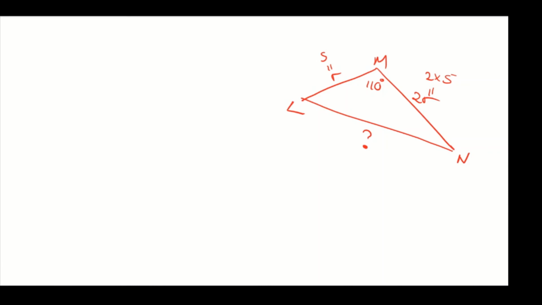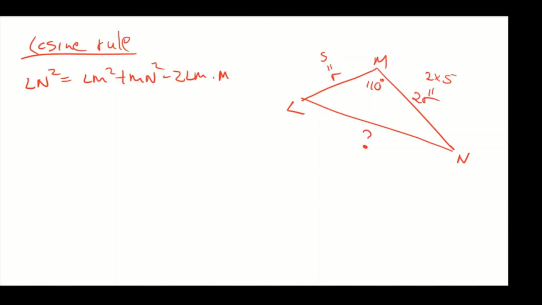To find LN, we will use the cosine rule. LN squared will be equal to LM squared plus MN squared minus 2 LM multiplied by MN cos of M, which is the angle.